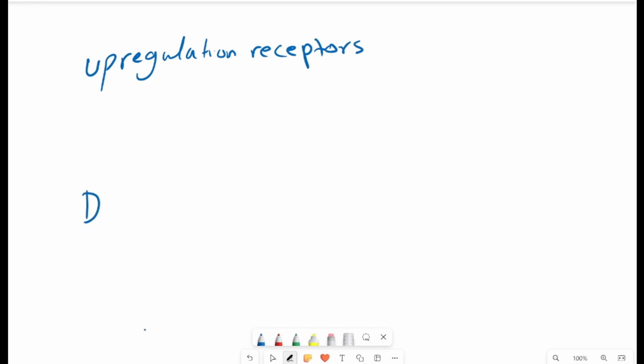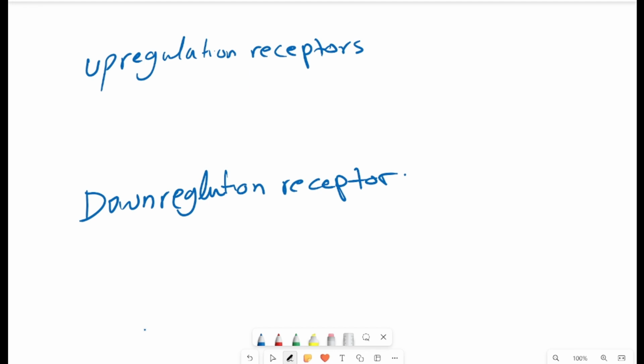And we have another concept called downregulation receptor.